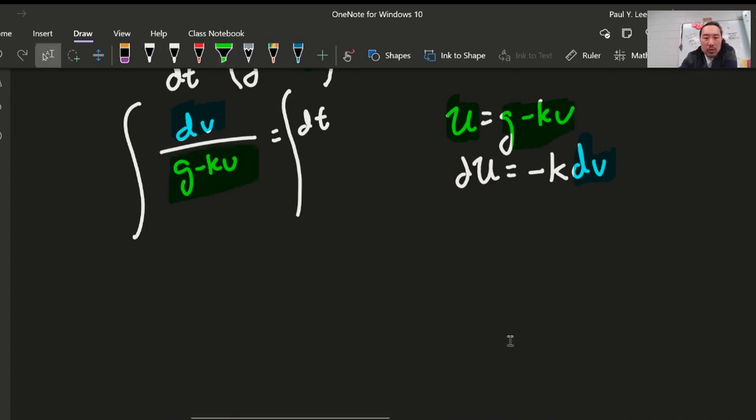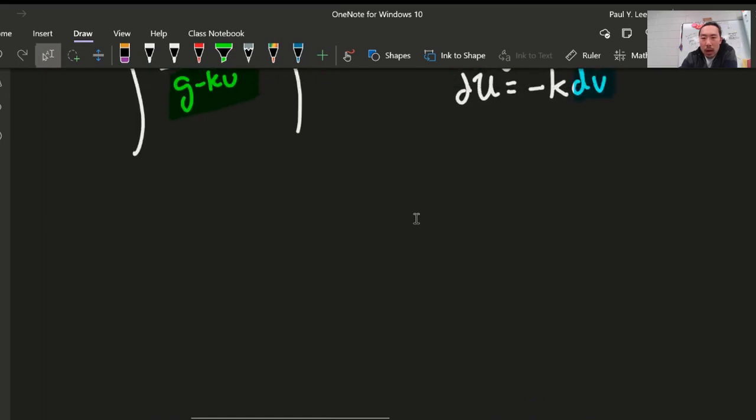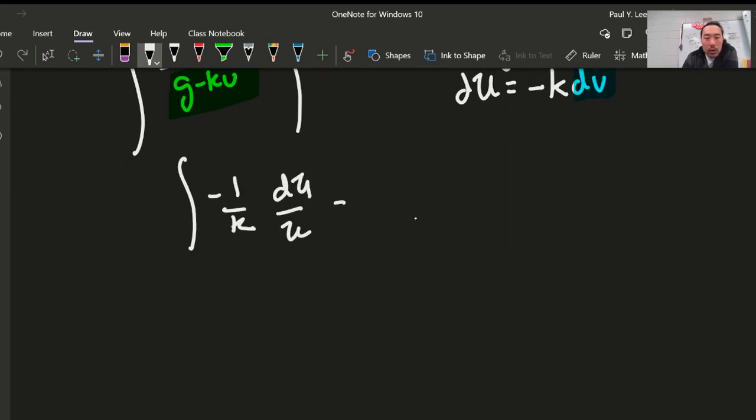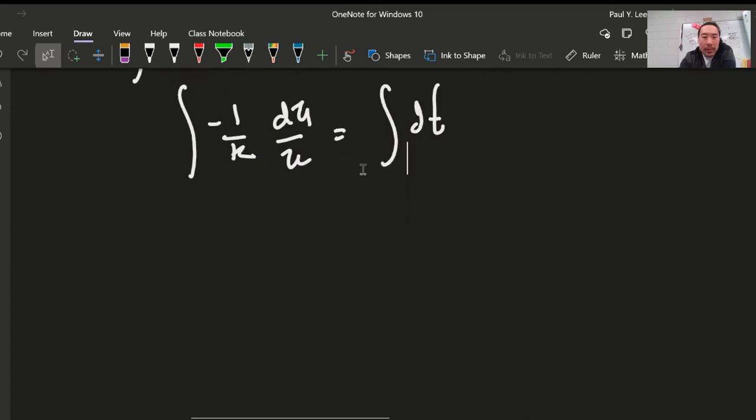Okay, so if I do my u sub appropriately, we get the integral of negative 1 over k du over u is equal to the integral of dt. Okay, now notice here I didn't set my bounds just yet, and that'll come in the following step.